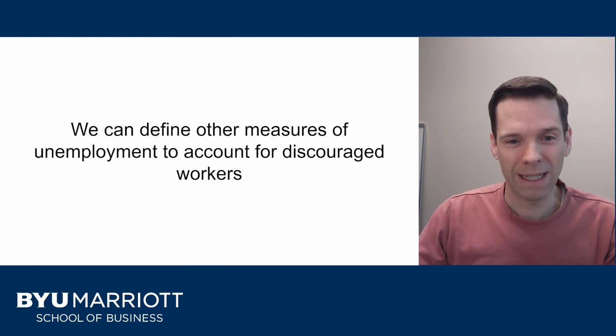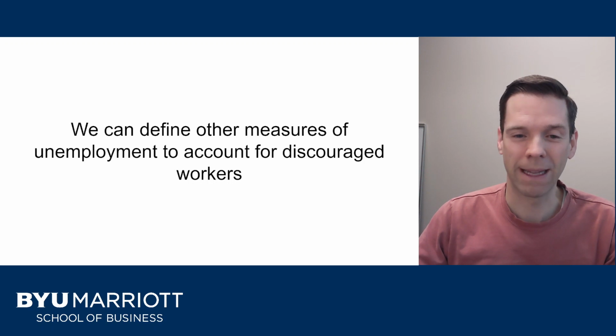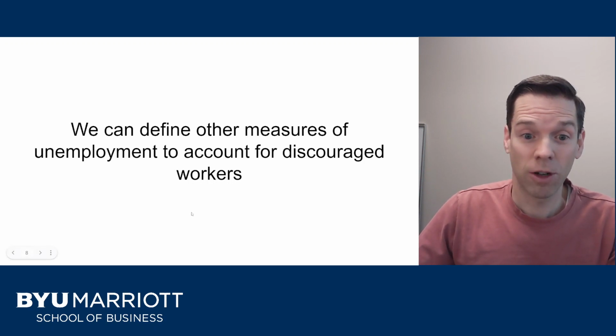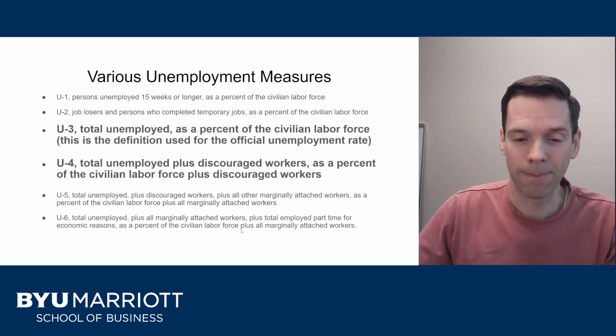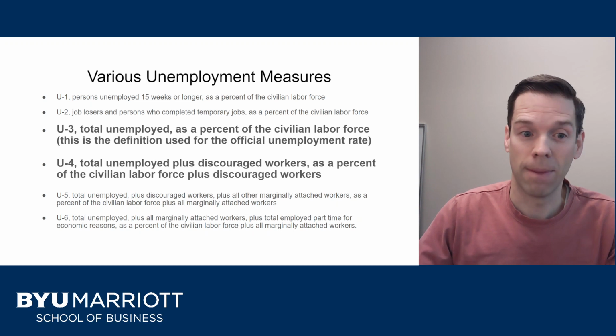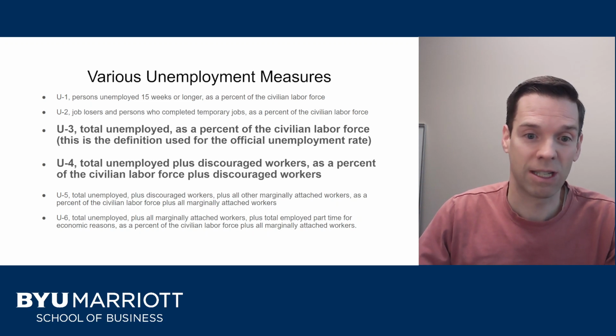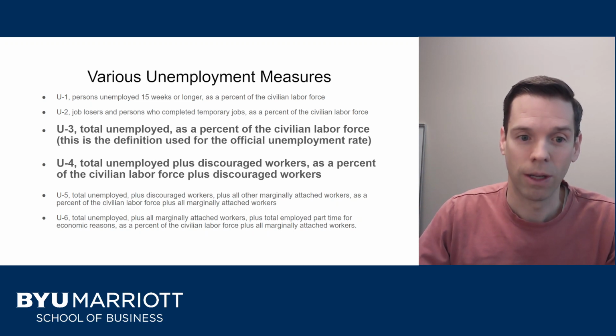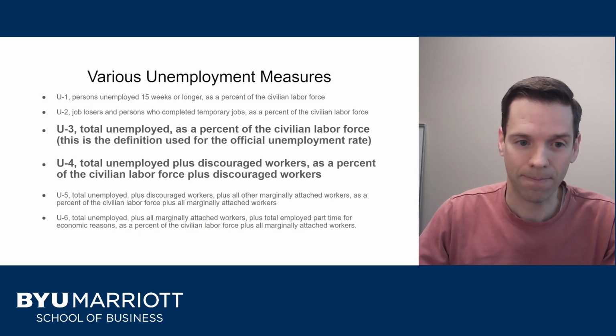Importantly, we can define other measures of unemployment that account for these discouraged workers. In fact, the Bureau of Labor Statistics defines 6 different measures of unemployment. The main reported measure is U3, which is defined how we just did a second ago: the total number of unemployed divided by the labor force. However, we can also focus on U4.